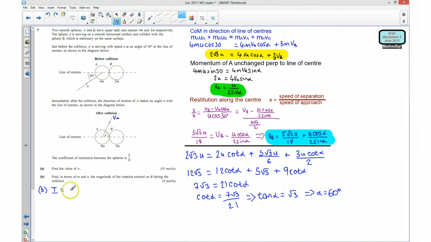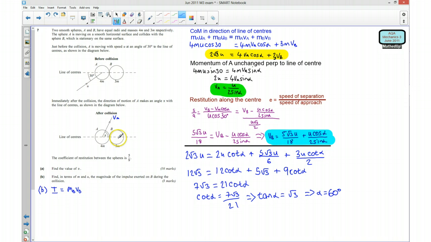So that's going to just be the mass of B times the final velocity of B. Yeah, so we would usually take away the initial momentum, but that's just 0 anyway. Okay, so the impulse is just going to be equal to that there.